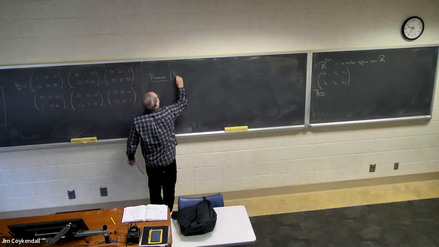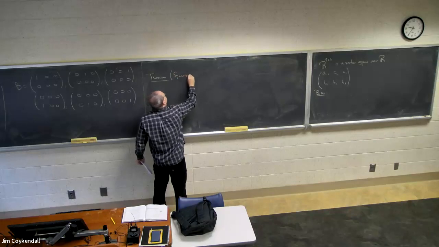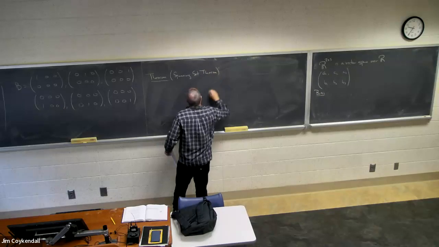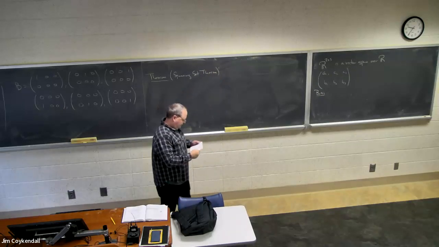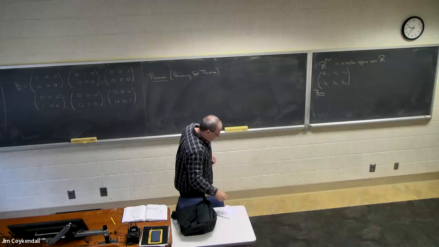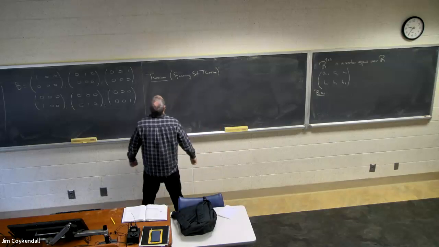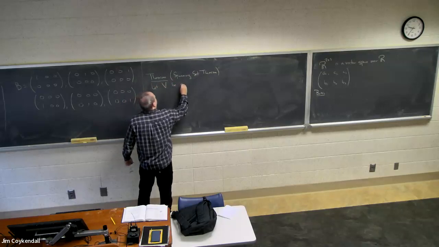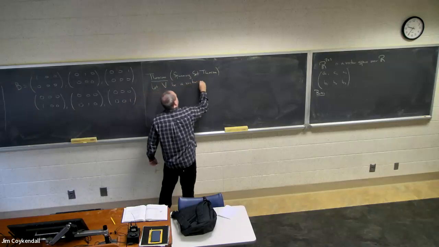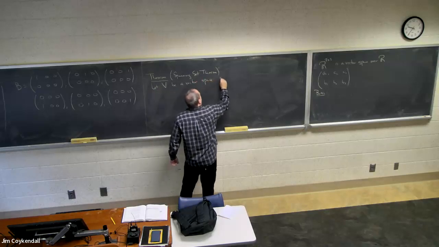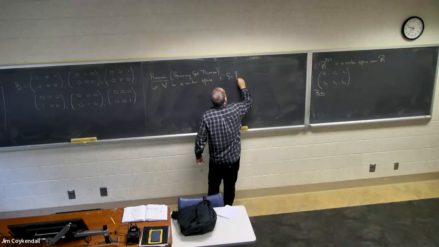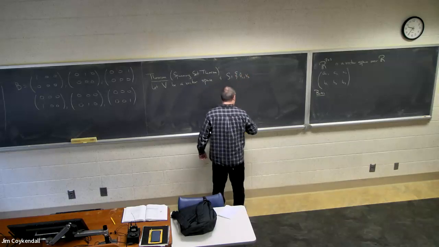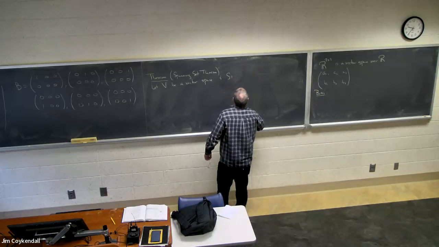This is called the expanding set. Let the vectors V1 up to Vn be a collection of vectors. Say S is their span.